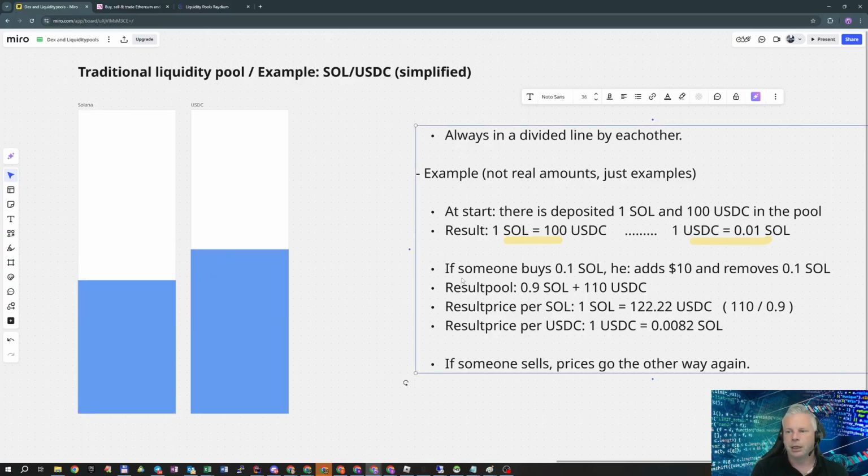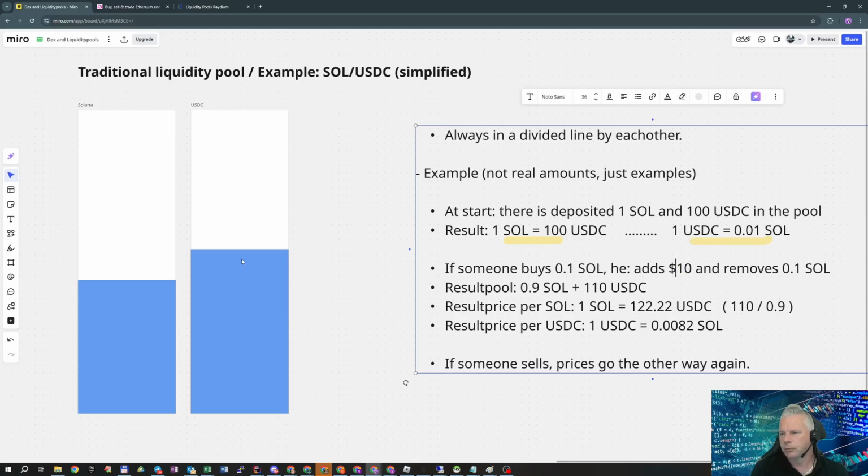If we put this in words, if someone buys 0.1 Sol, like we said, 1 USDC gives you 0.01 Sol. So in a simplified version, if you buy 10 USDC, you will get 0.1 Sol.